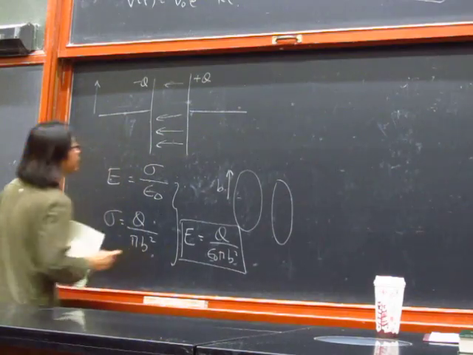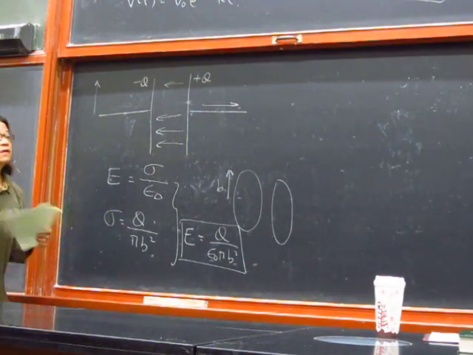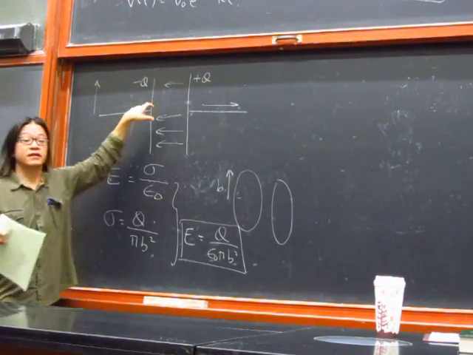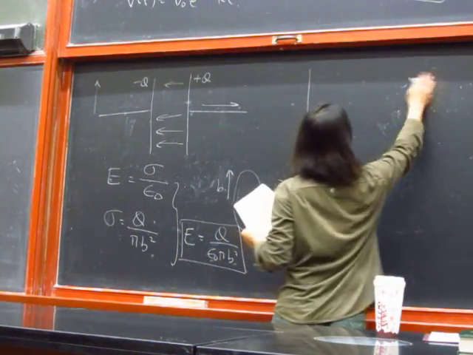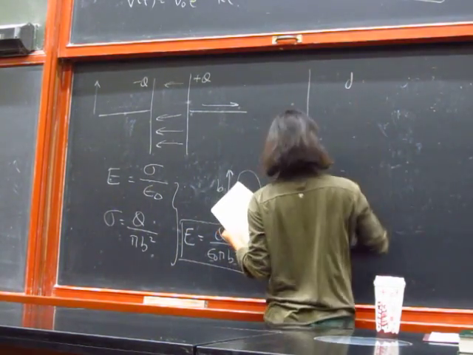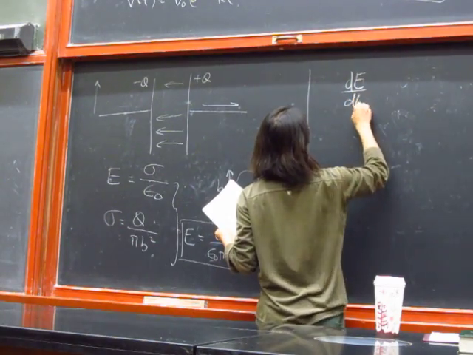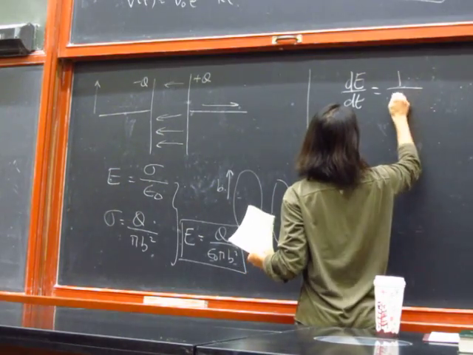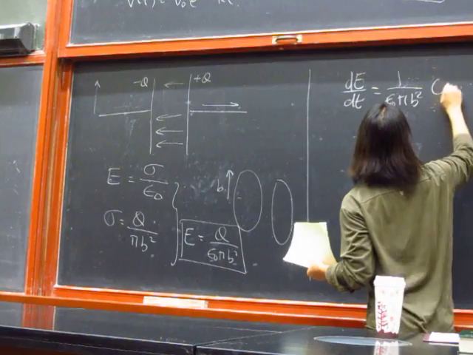Now, as you discharge this capacitor, Q will depend on time, right? So there's a time dependence on the electric field. Let's calculate that. dE/dt then is just equal to 1 over epsilon naught pi b squared times Q dot.